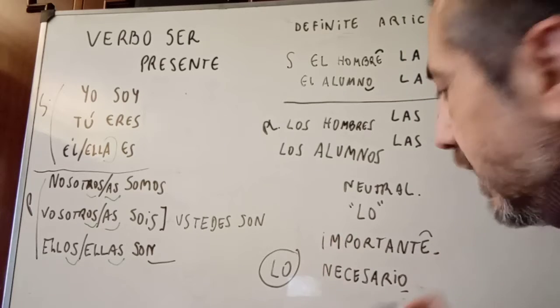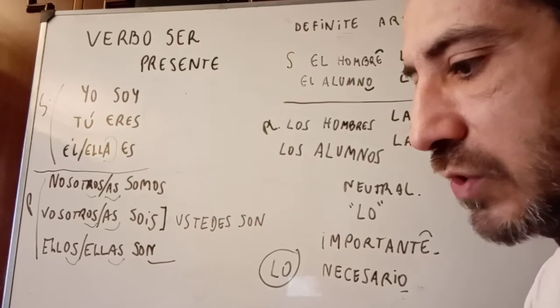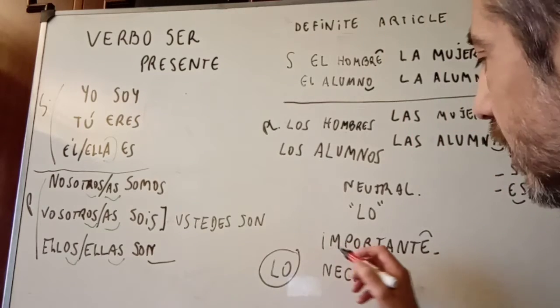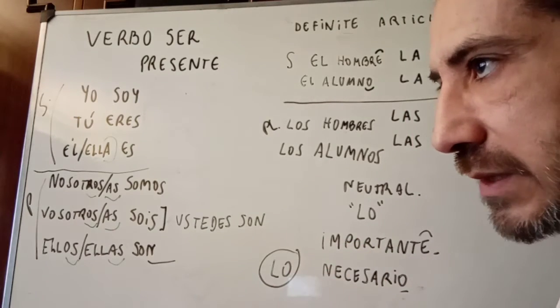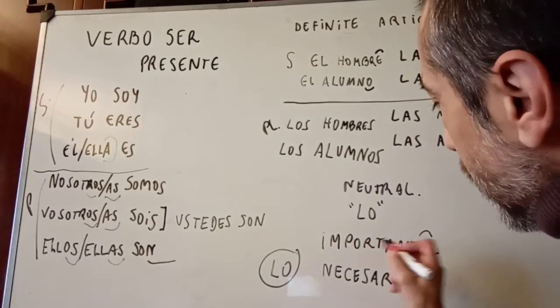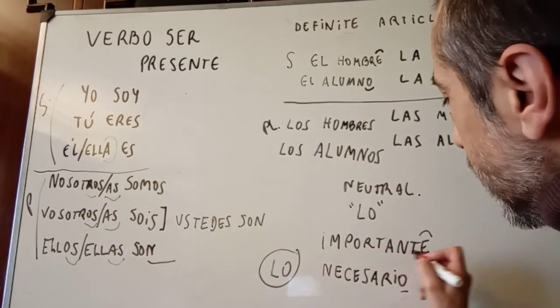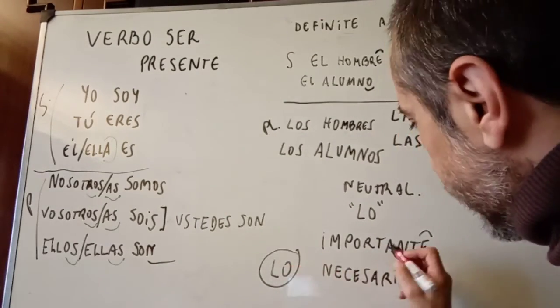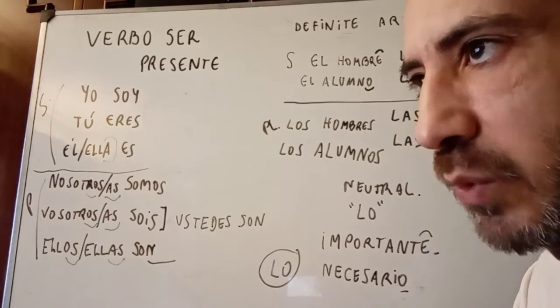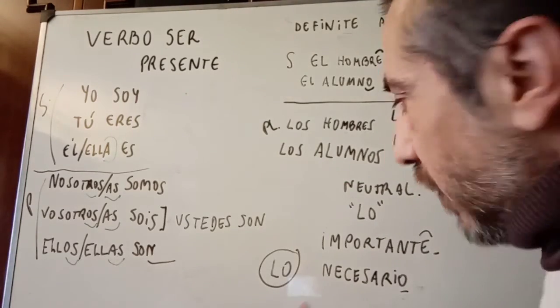Lo importante is the same as saying las cosas importantes, the important things. But as we are talking about the important things in general, by saying lo, we are including all the important things that we are talking about.